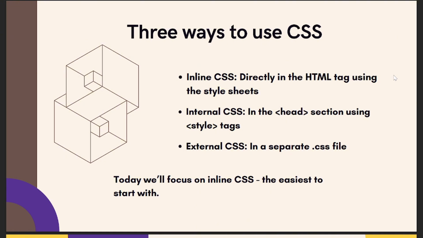So with external CSS, you keep your CSS in a different file, everything you are styling on the page, so that everything happens there. But then we're not going to dive into that. We're going to strictly learn inline CSS today, okay, because it is the easiest to start with. I want you to fully understand what CSS does before we go to different types, okay?